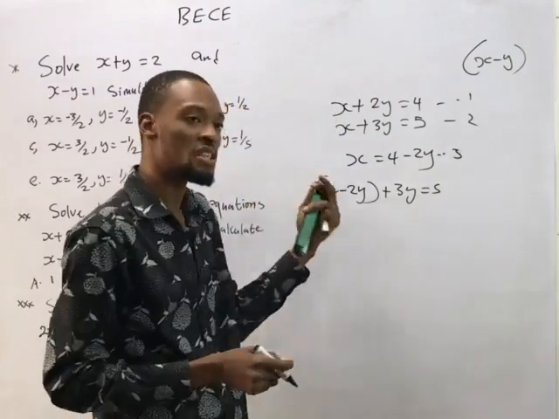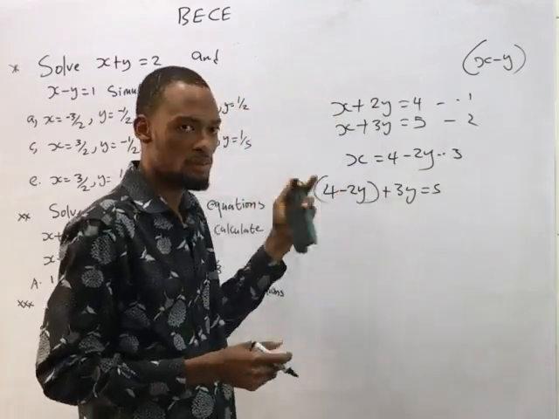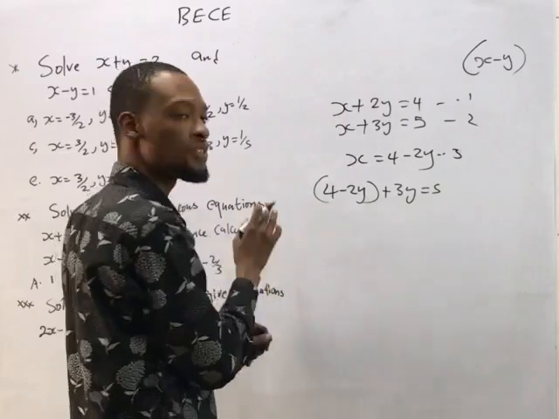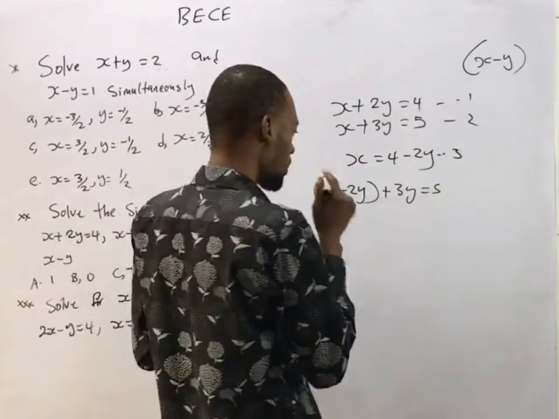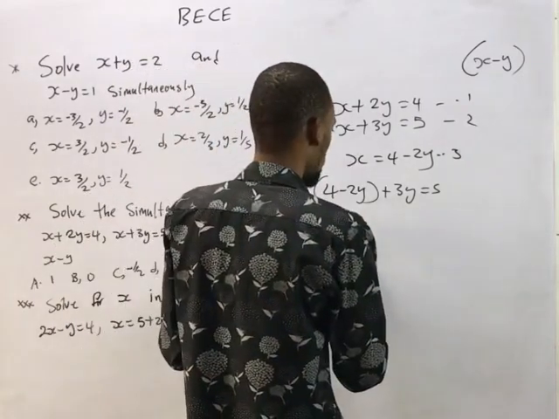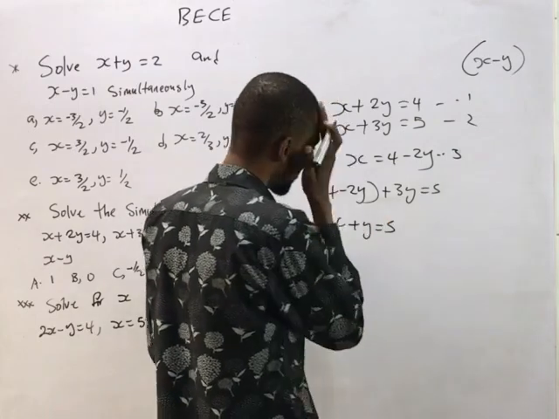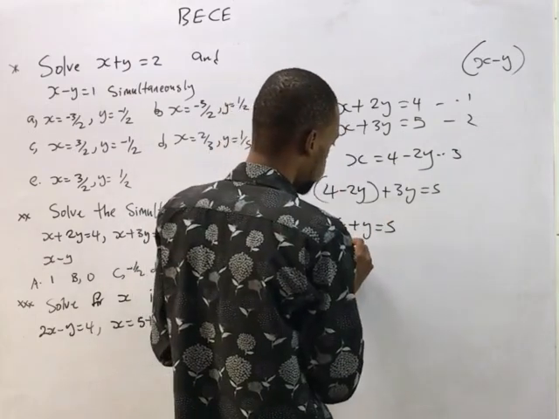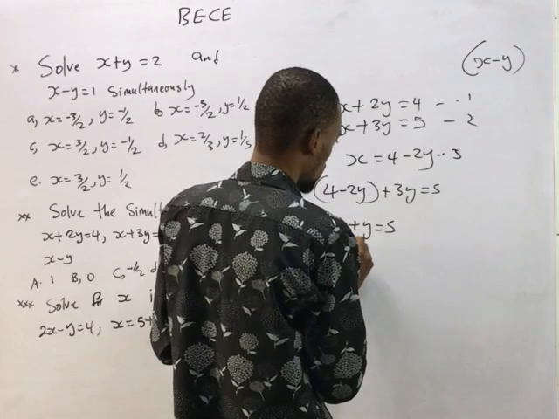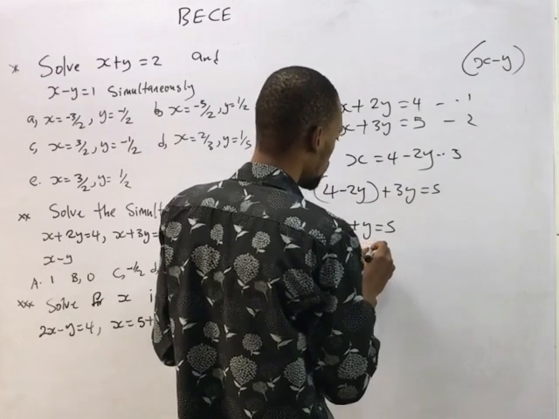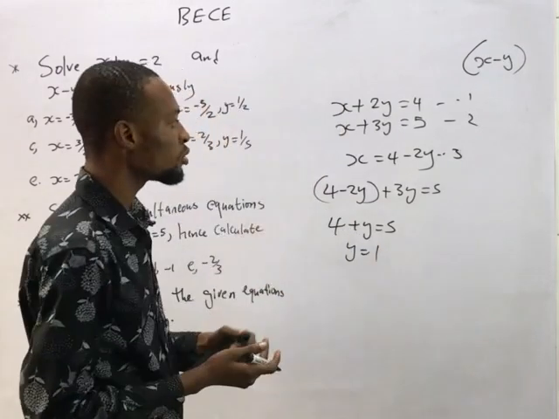I took over 10 minutes to explain them before. So I need to be fast in solving these two. So this will give you 4 plus y is equals 5. Y is equals 1. So that's the value of y.